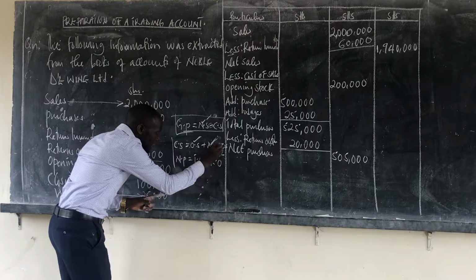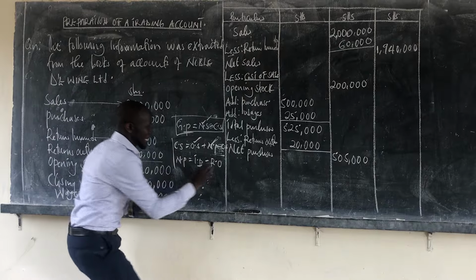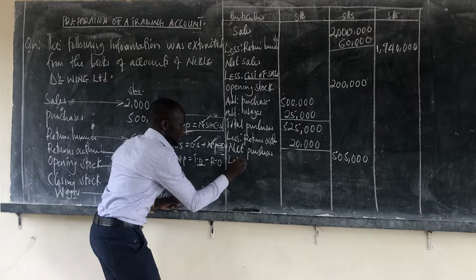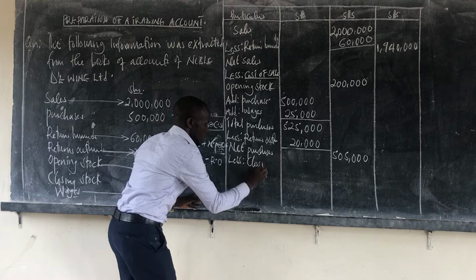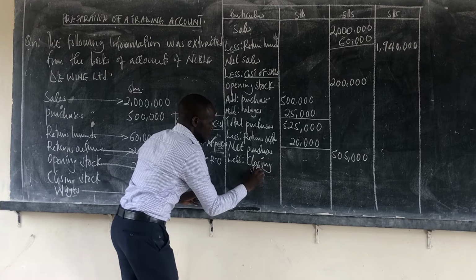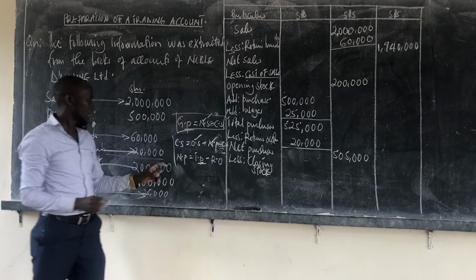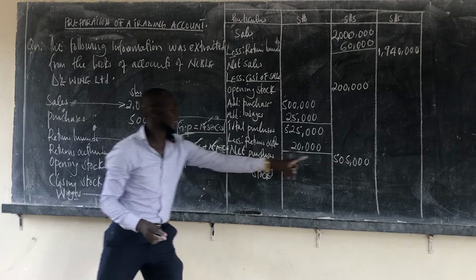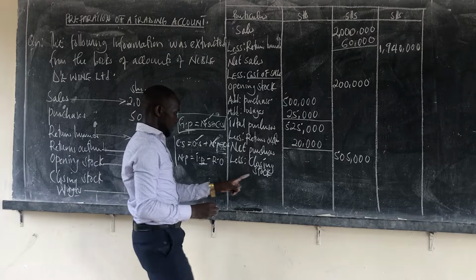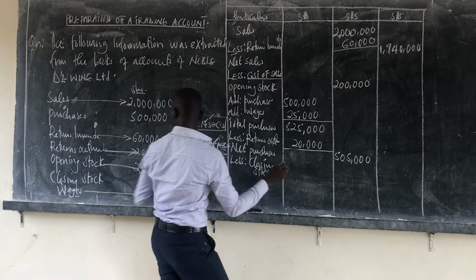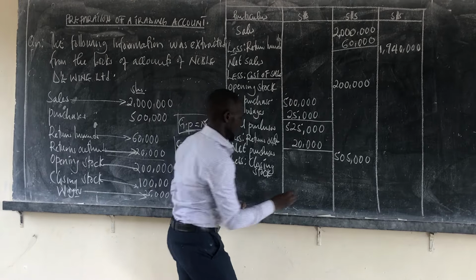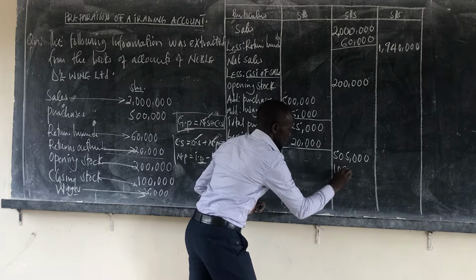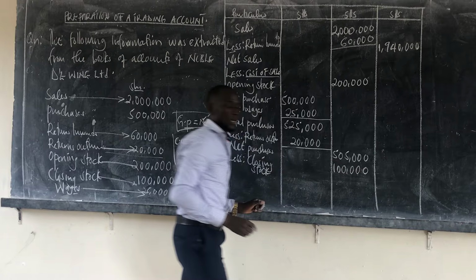Now we have this negative here, which means less the closing stock. When you get closing stock subtracted from this, the amount of closing stock is 100,000.